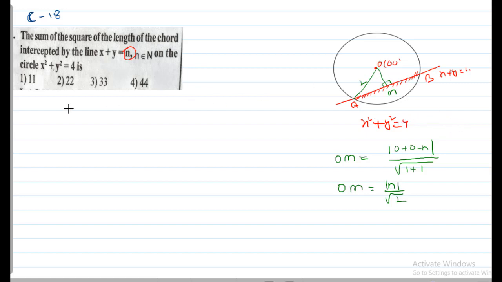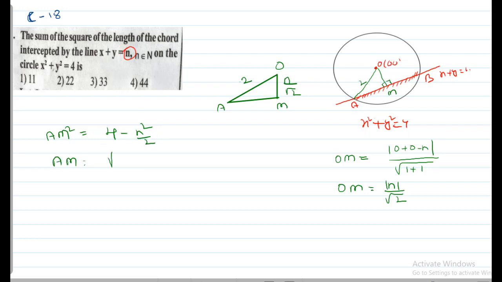No problem. So now I am using this right triangle, Nana. What is the name of this right triangle? Here OMA. This is 2, Nana. Just now you got this is n by root 2. Now I want AM. Directly AM square I can write: AM square means 4 minus n square by 2. But I want AM.